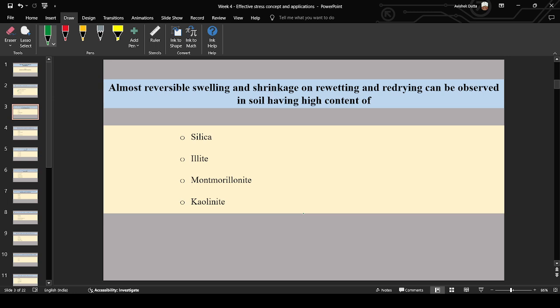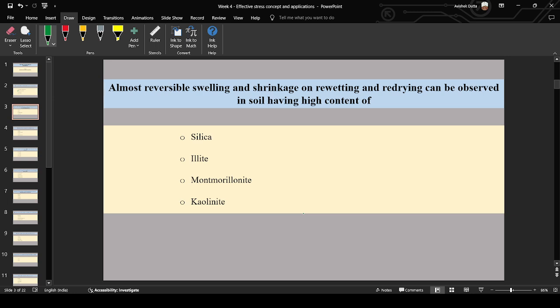Re-wetting and re-drying means cycles of wetting and drying, and then again saturating the soil and drying again. So when it is getting wet, it is swelling, and on re-drying, the soil shrinks back.